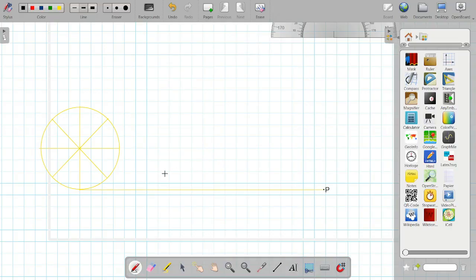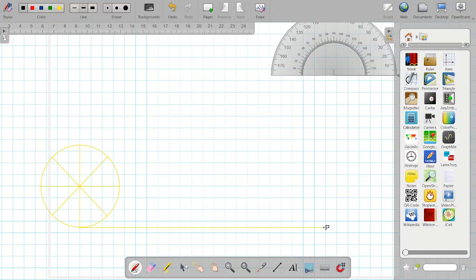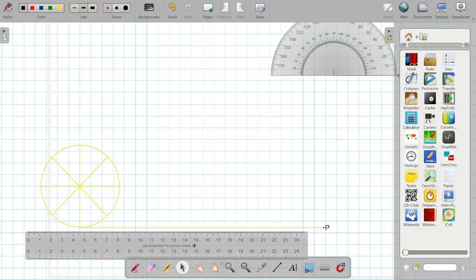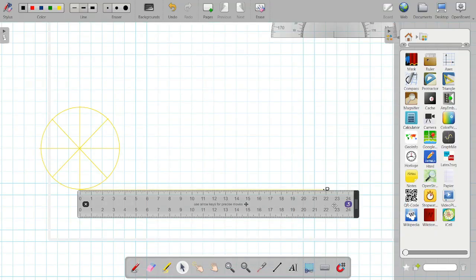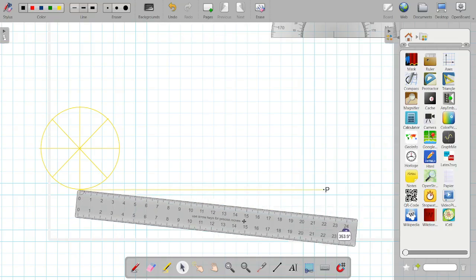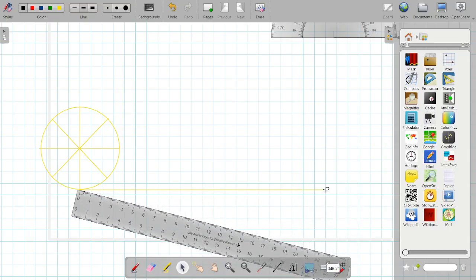Now we need to divide this line into the same number of equal parts as that of the circle. As we have divided the circle into 8 parts, I will divide this line also into 8 parts by using the parallel line method, for which we will take any angle, approximately 30 degrees.